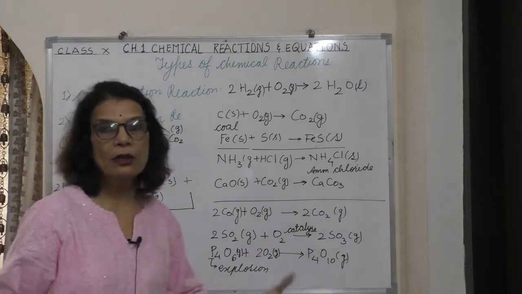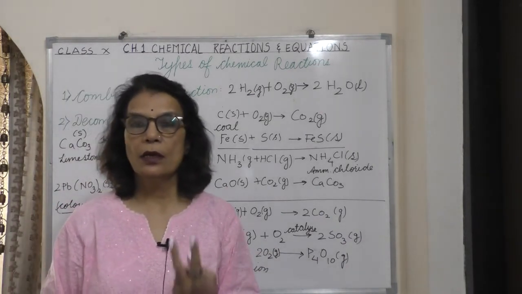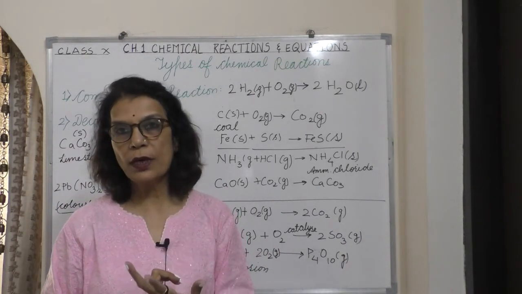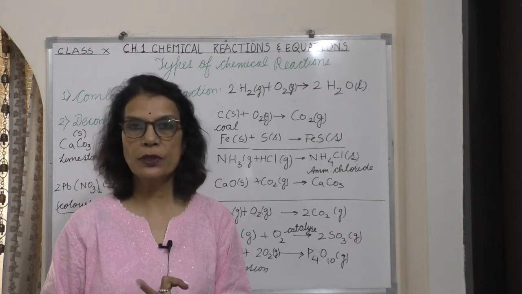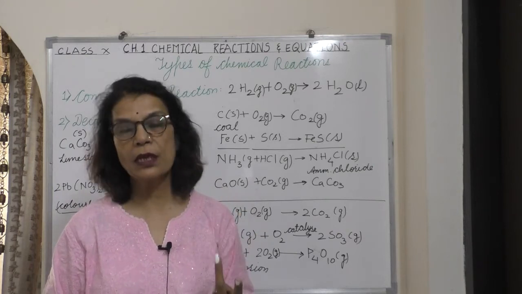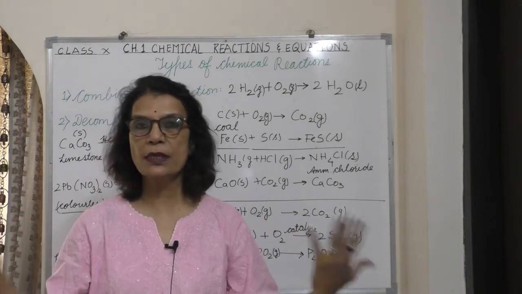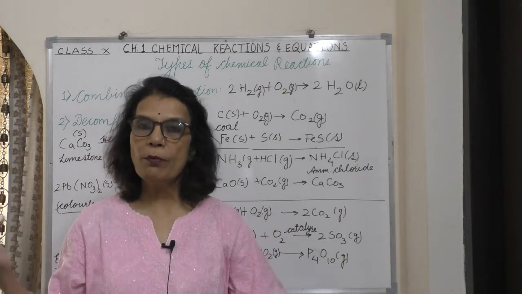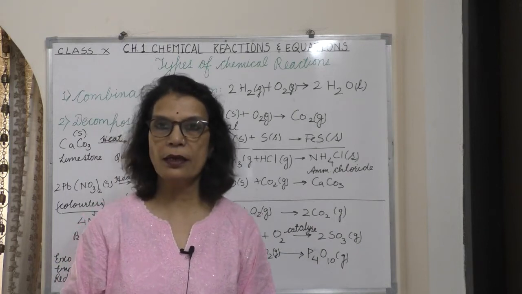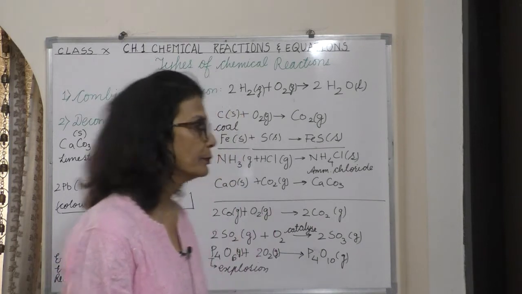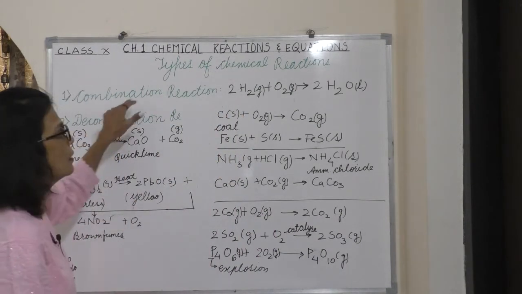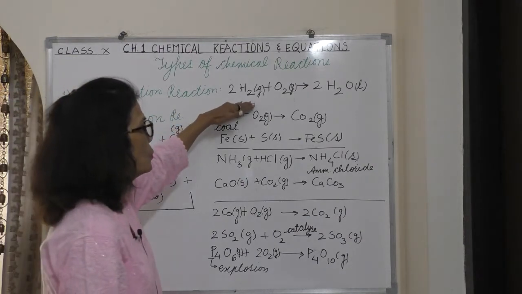In a combination reaction we use either 2 elements or 2 substances, or we can take a single substance also: single substance to single substance, single element to single element, compound to compound, they react. I am giving you some ideas. First we take the example of hydrogen and oxygen.